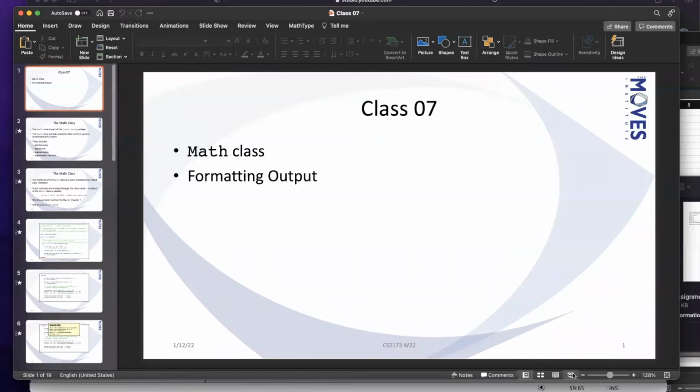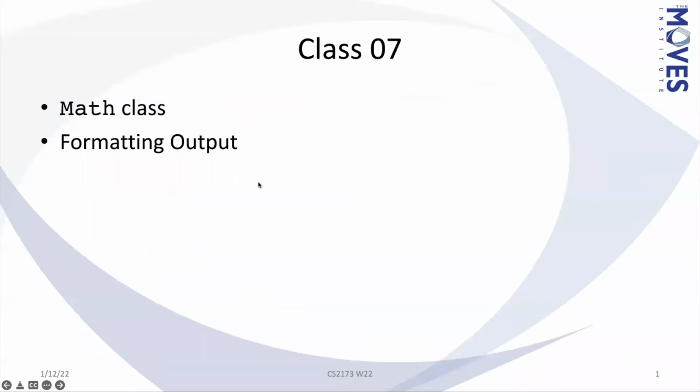Okay, so today we're going to talk about some of the methods that are in this math class. As I mentioned earlier in the course, Java does not have functions, but it has things that kind of act as functions. The difference you could think of as kind of splitting hairs.